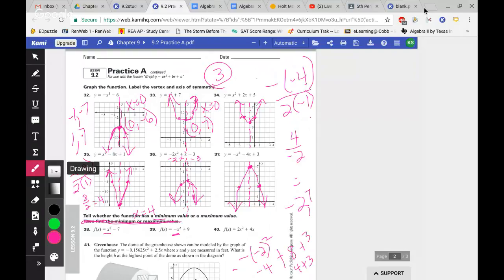But the video for today, the solving graphically, basically what you're looking at is just where the graph goes through the x-axis. And there isn't a real good example on 32 through 37, except for possibly number 37. Could we look at the guidance practice problems from today? Oh, yeah, that's true. Good point.